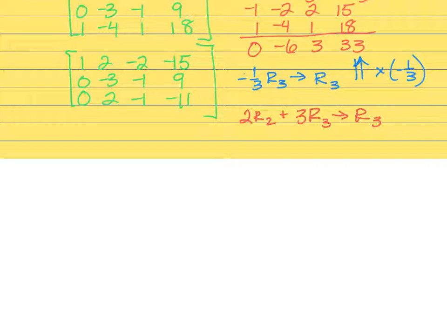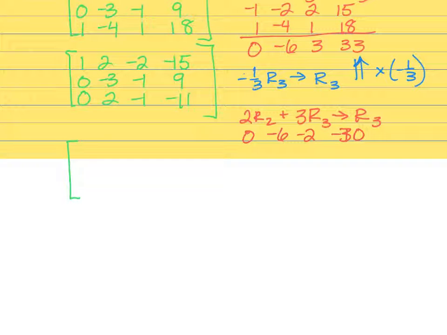Normally, this would not be there, but I'm going to go ahead and use the 3 times that at the same time. And so, let's see, we want to do that over here.